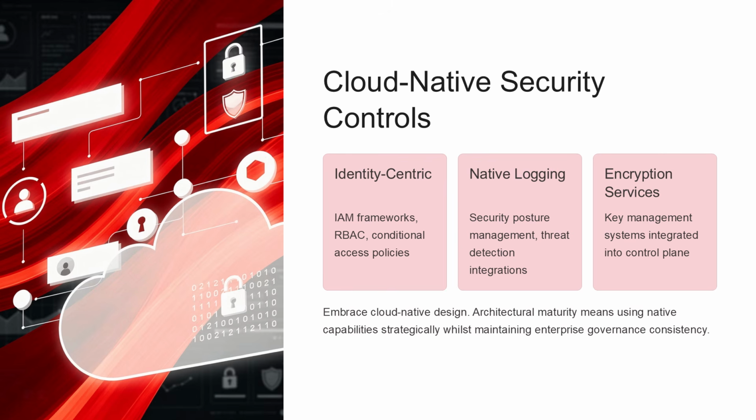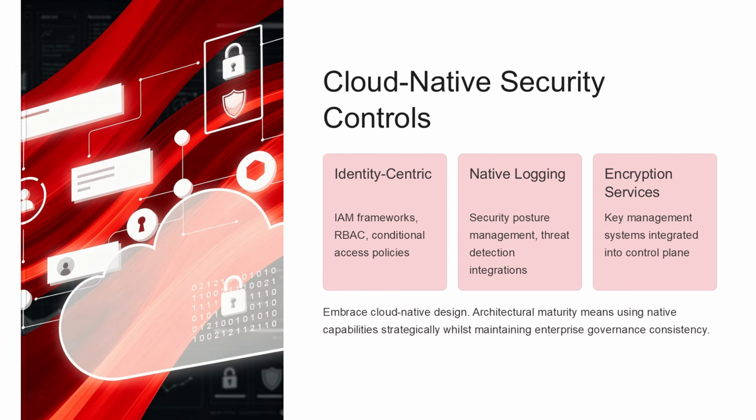Cloud-native security is scalable because it is integrated into the control plane. If you ignore cloud-native capabilities and attempt to recreate legacy architectures, you increase complexity and cost. Architectural maturity means using native capabilities strategically while maintaining enterprise governance consistency.